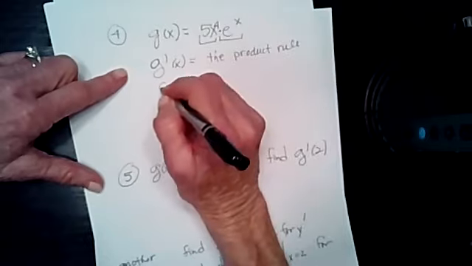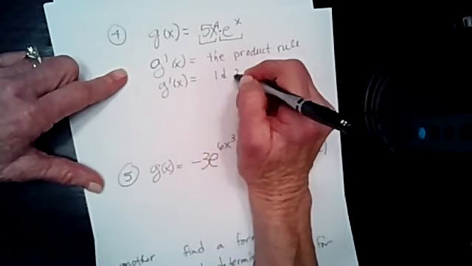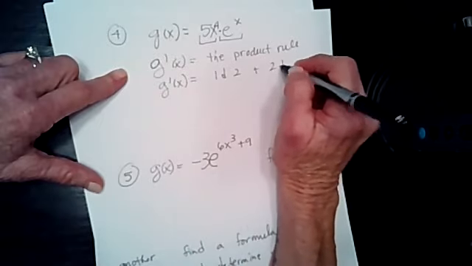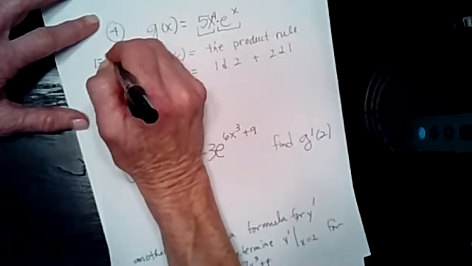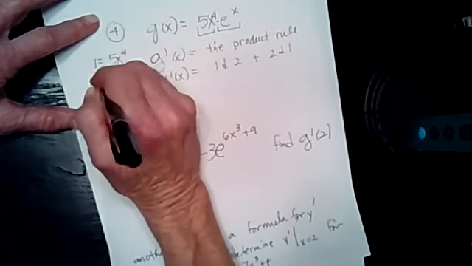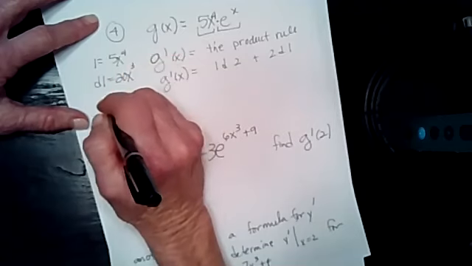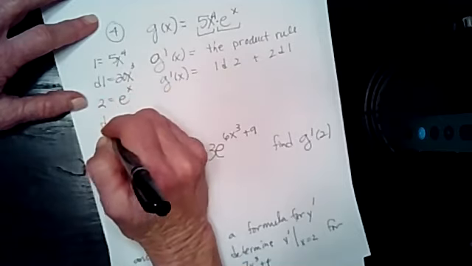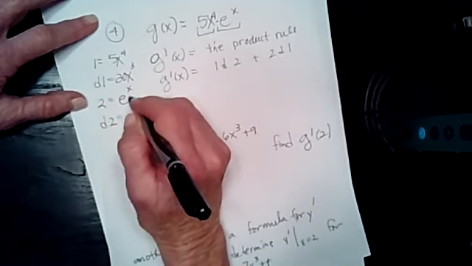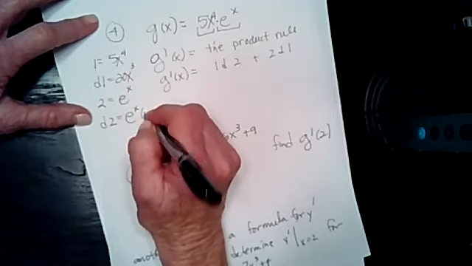Okay, so what is the product rule? First times the derivative of the second, plus second times the derivative of the first. So what is my first function? 5x to the fourth. What's the derivative of my first function? 20x cubed. What's my second function? e to the x. And what's the derivative of my second function? The derivative of e to the x is e to the x times 1.